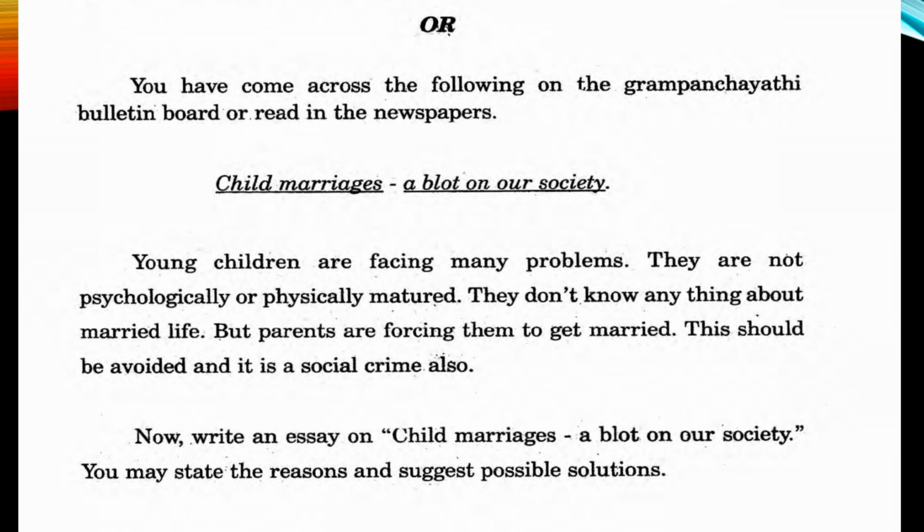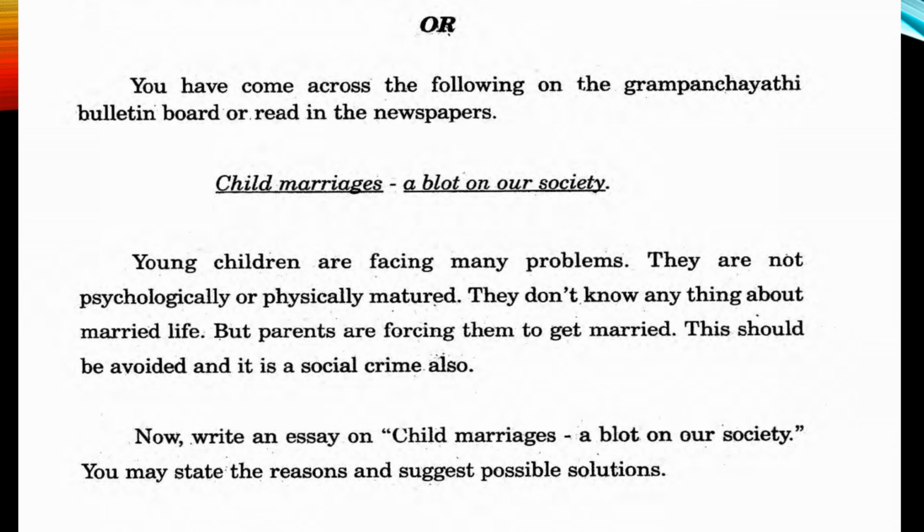That is about child marriages, a blot on our society. Young children are facing many problems. They are not psychologically or physically matured. They don't know anything about married life, but parents are forcing them to get married. This should be avoided, and it is a social crime also.